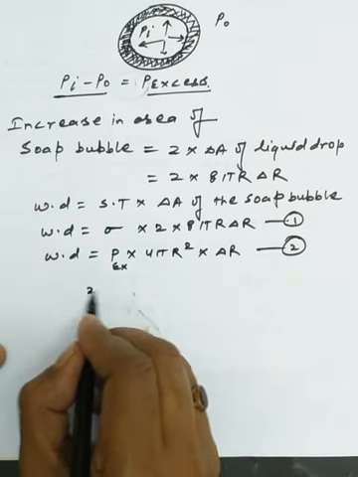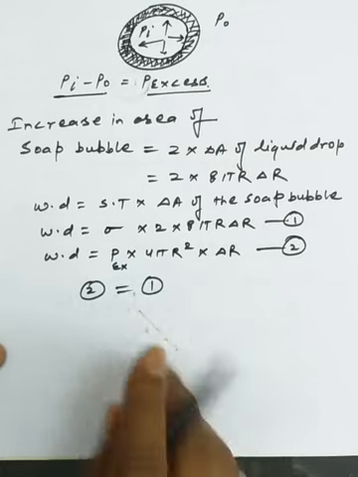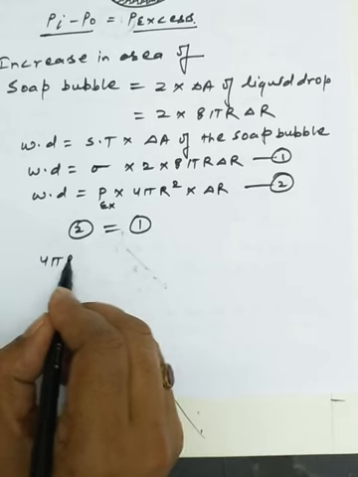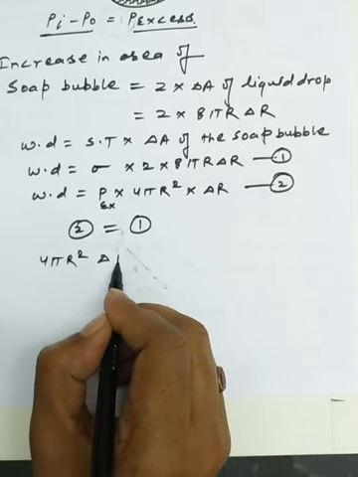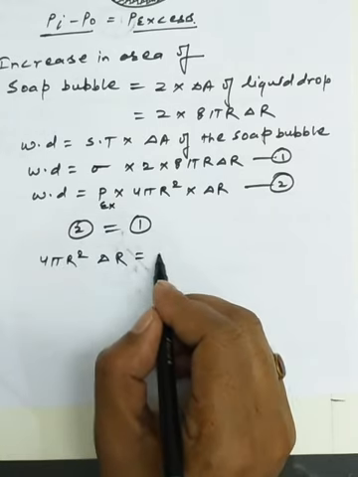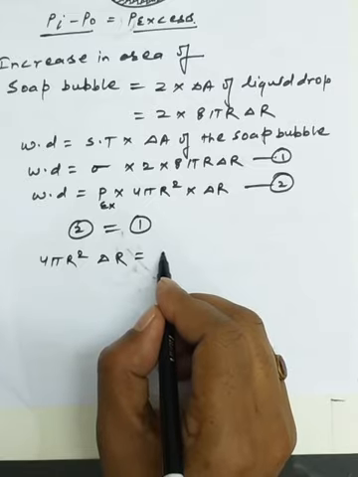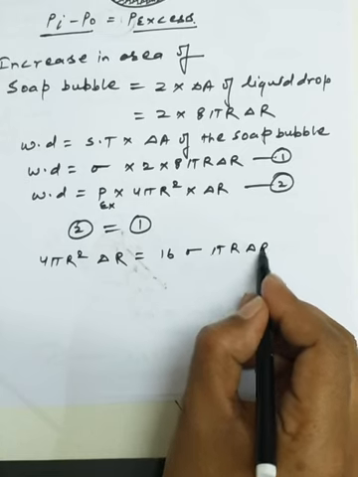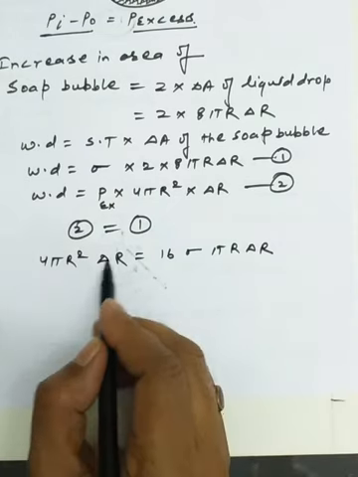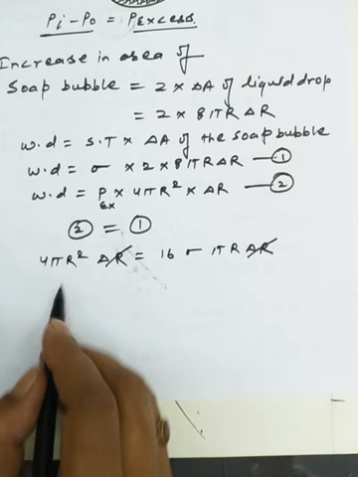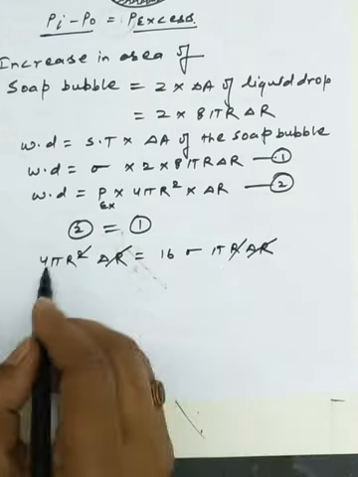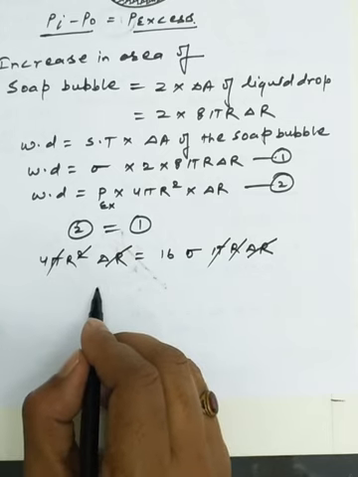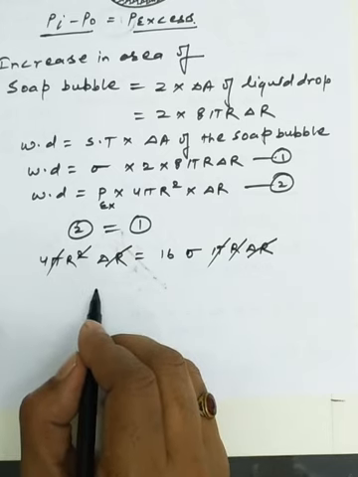So we can make the concept that equation 2 can be equal to equation 1. So here we have 4 pi r square delta r equal to 16 sigma pi r delta r. Here delta r cancels with delta r, r with r, and pi with pi. So here we get sigma, sorry, P excess is there.